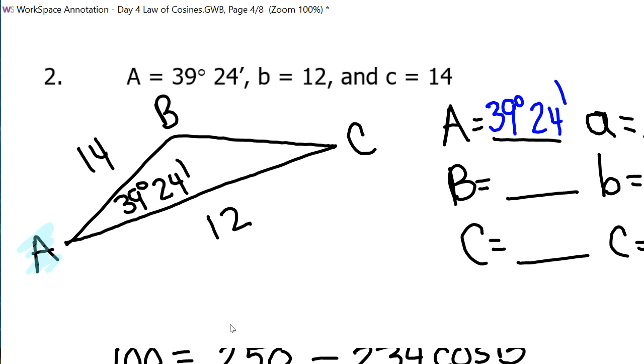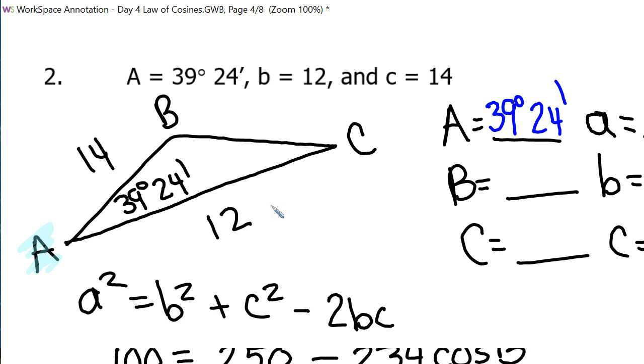So the formula is going to be A squared equals, what are the other two sides? B squared plus C squared minus 2BC cosine of angle A. Then fill in what we know.